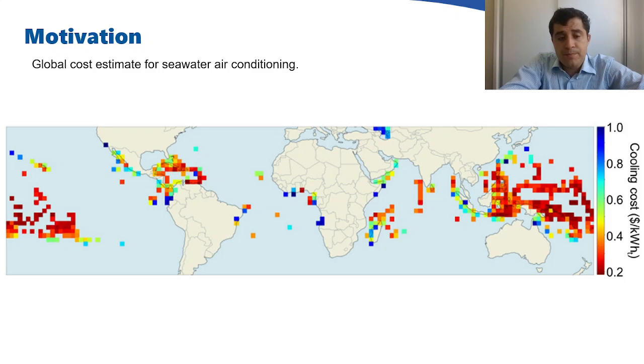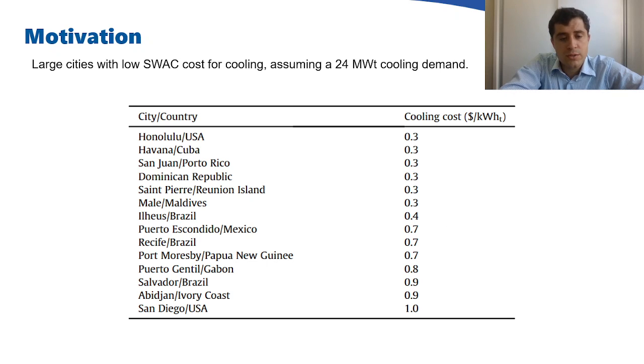I have already mapped the cost for SWAC around the world. The highest potential is in Pacific islands and Caribbean islands, so small islands. You also have some potential on the coasts, so huge potential, low costs.